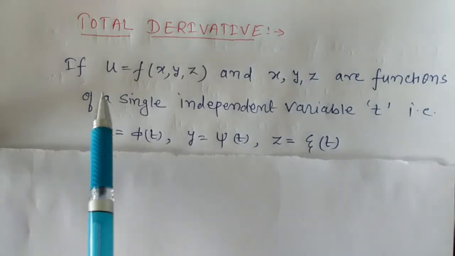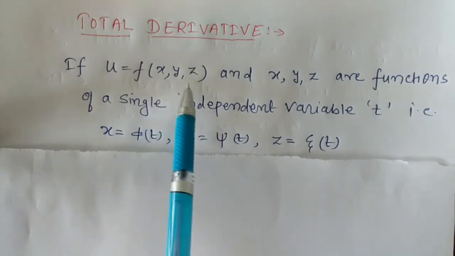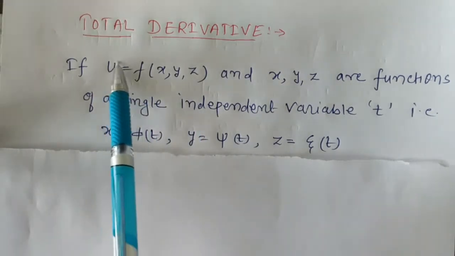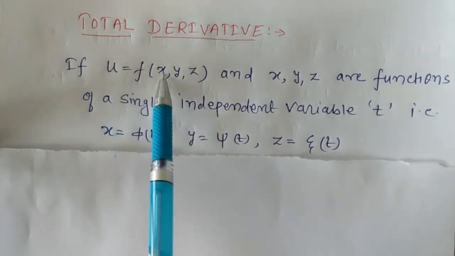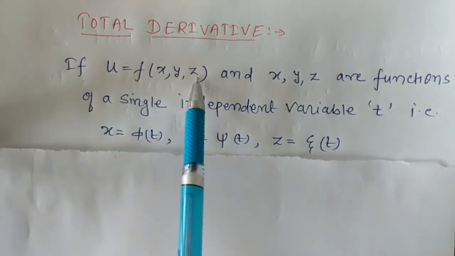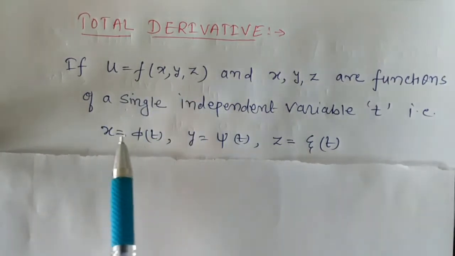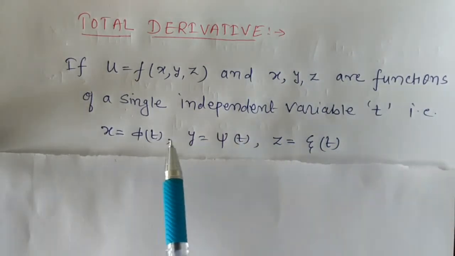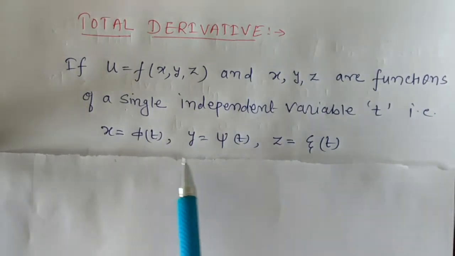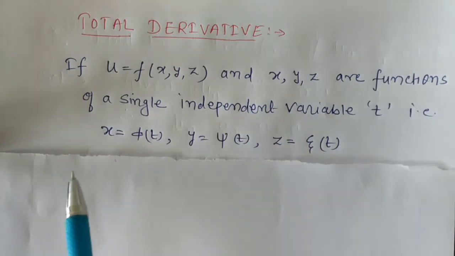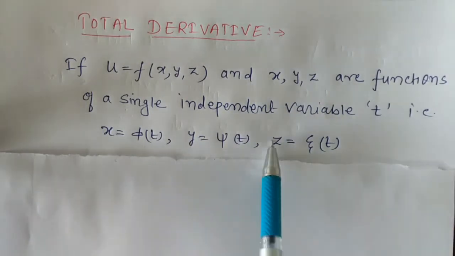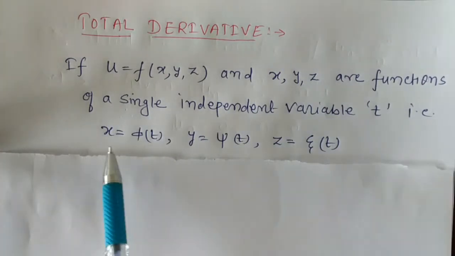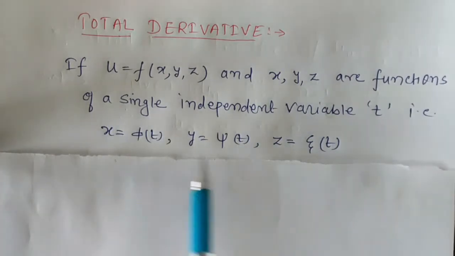Now since u is a function of three independent variables x, y and z, therefore we can differentiate u with respect to x, y and z partially. And further, x, y and z are functions of a single independent variable t only, so we can perform the ordinary differentiation of x, y, z with respect to t.